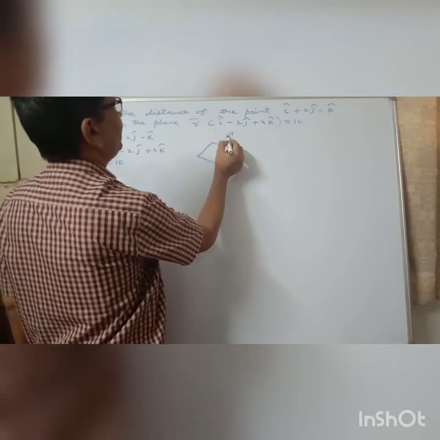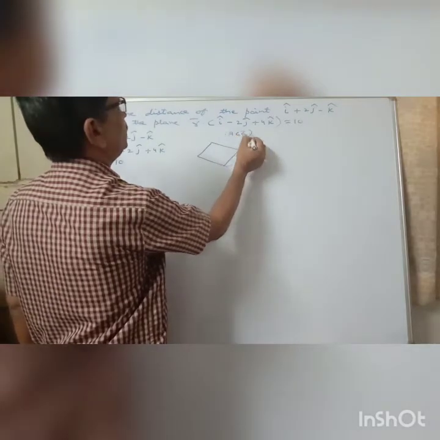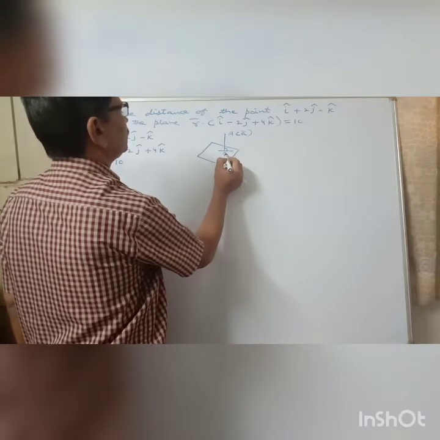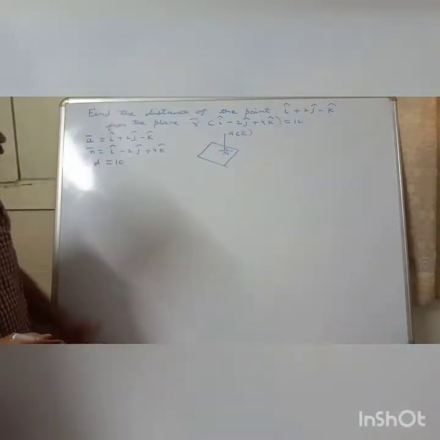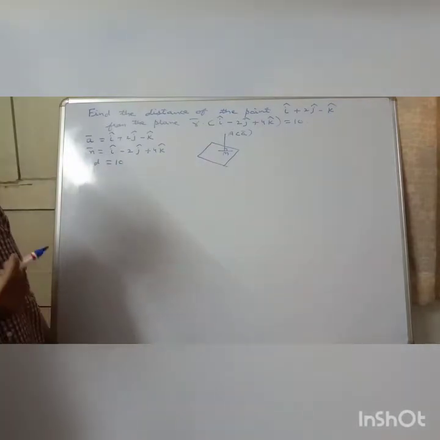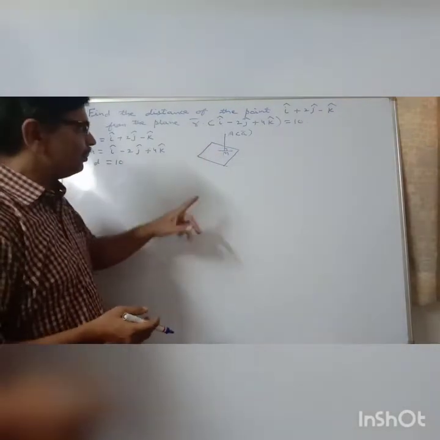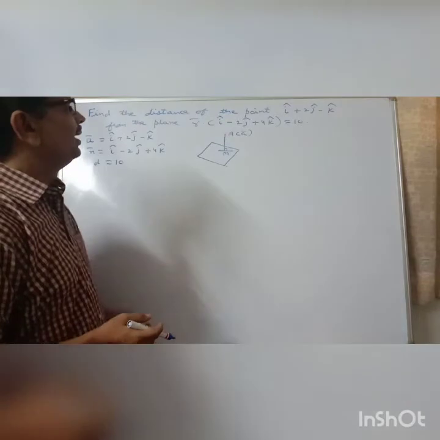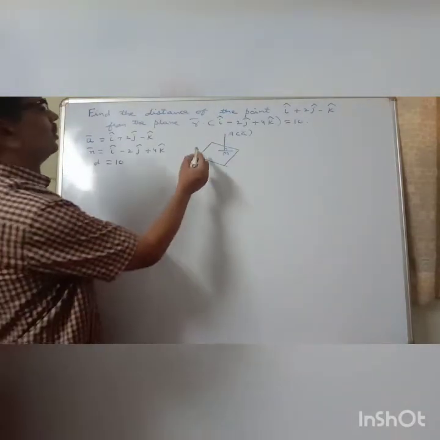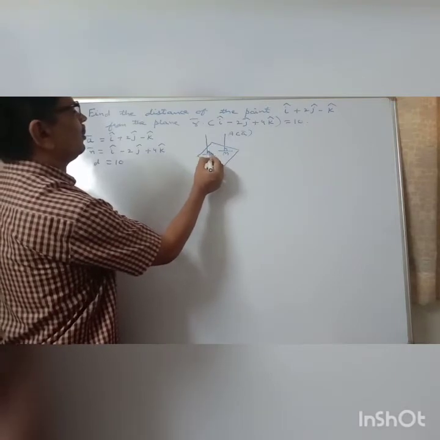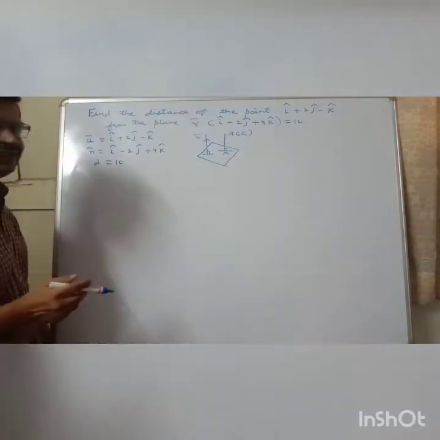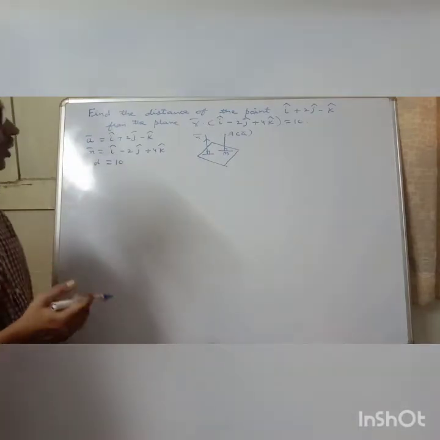This is point A with position vector A bar. Draw perpendicular from point A to the plane. Suppose it cuts at point M. So we have to find AM. And here n bar is a vector which is perpendicular, normal to the plane.